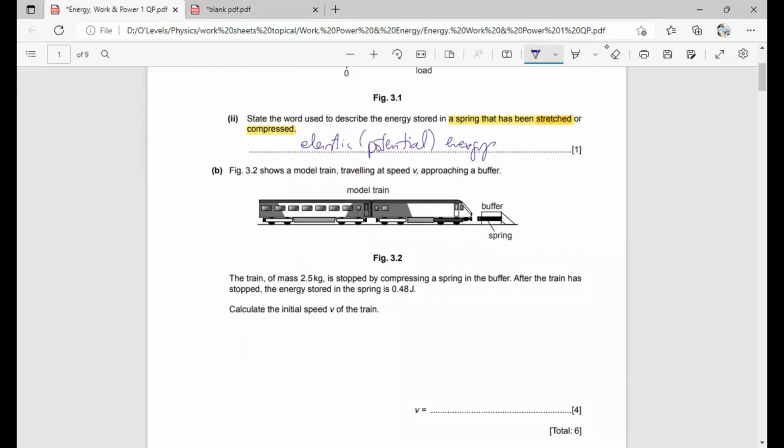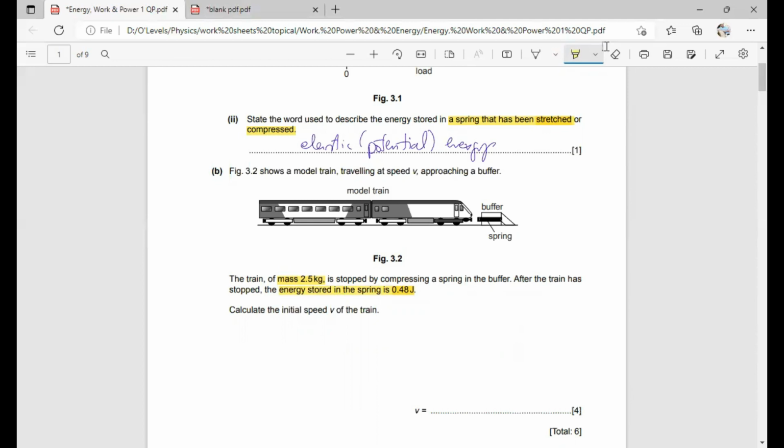Now, in this figure, the train has a mass of 250 kilograms and is stopped by compressing a spring in the buffer. After the train has stopped, the energy stored in the spring is 0.48 joules.